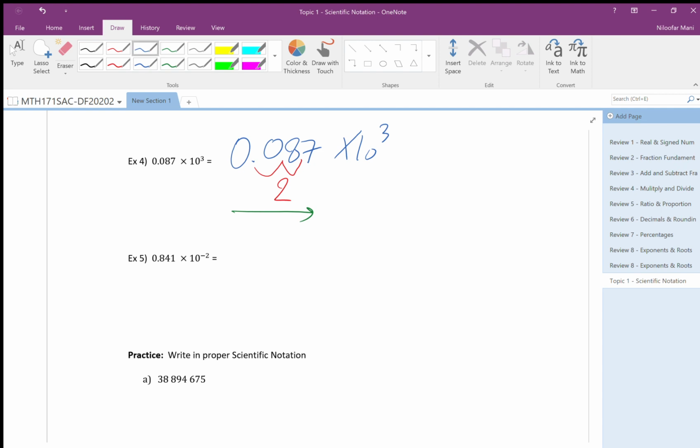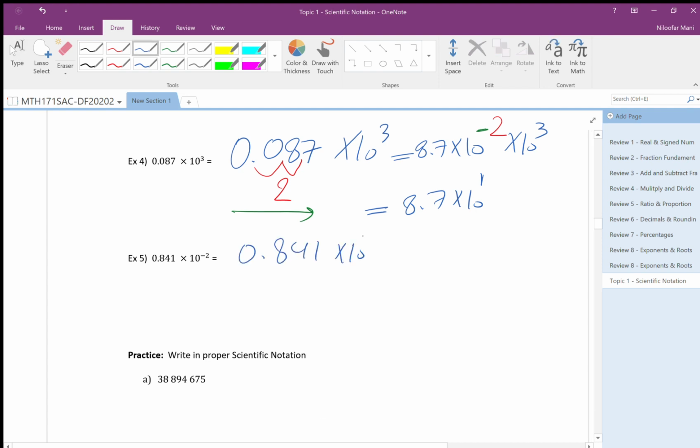Okay, so it is 8.7 times 10 power negative, right? Negative 2. Yes. Okay, times 10 power 3 and then combine them. 8.7 times 10 power 1. Done.